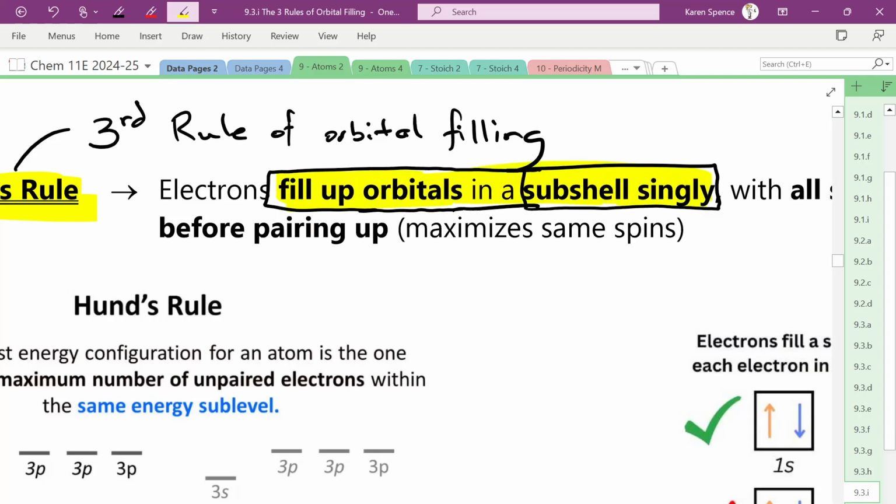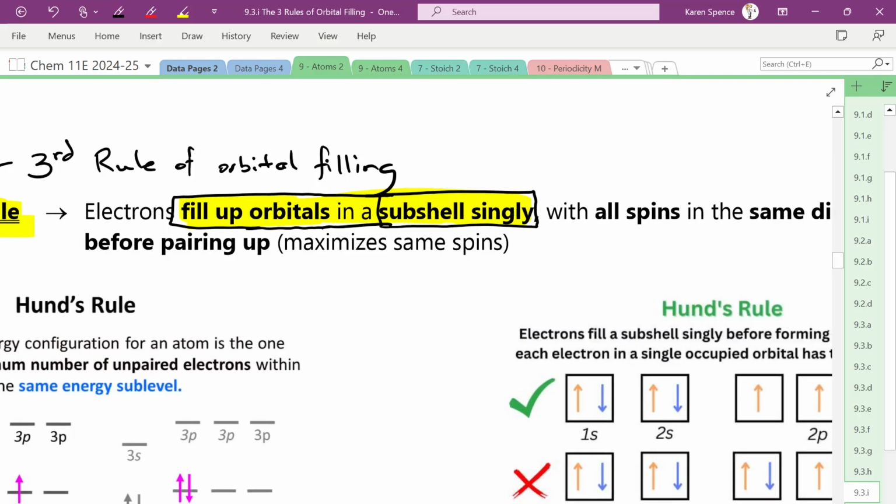That means 1 in each before they start doubling up. And it doesn't just say that, it says they have to be in there singly, but all the spins have to be what? Same direction.